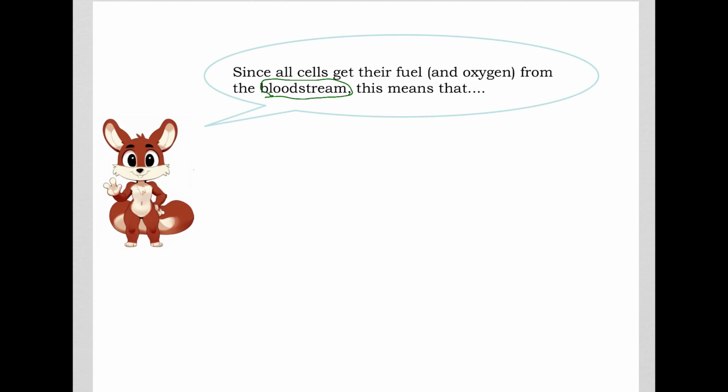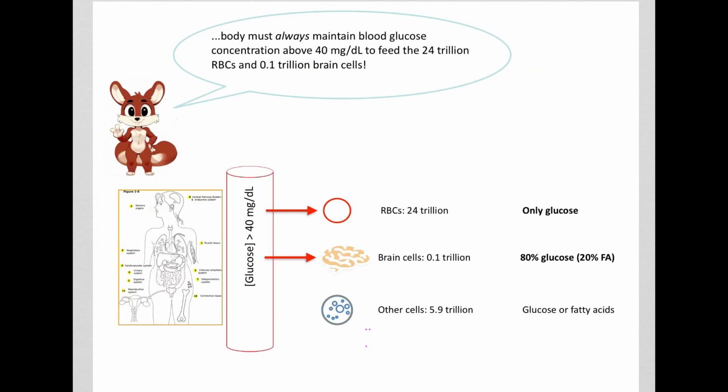So since all cells get their nutrients and oxygen from the bloodstream, this means that the body must always maintain blood glucose concentration at least above 40 milligrams per deciliter to feed the 24 trillion red blood cells and 0.1 trillion brain cells.